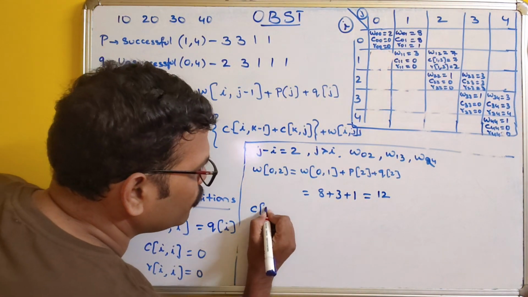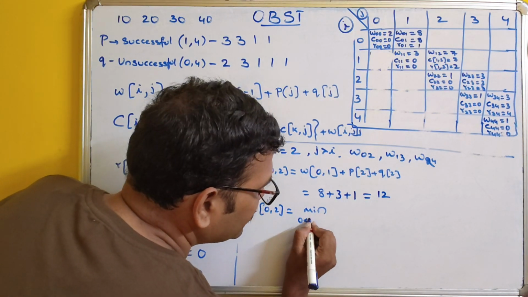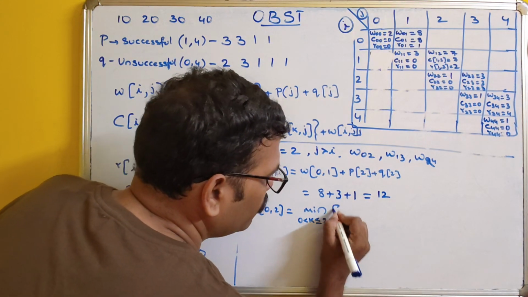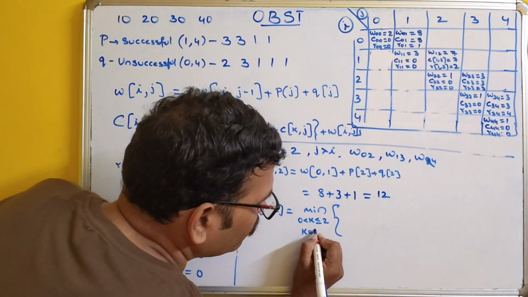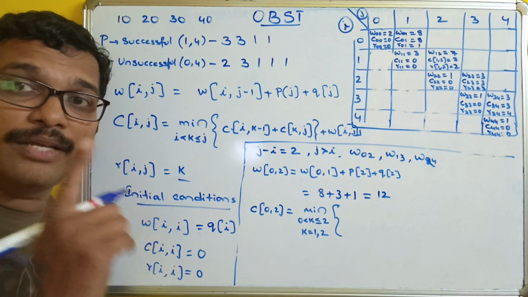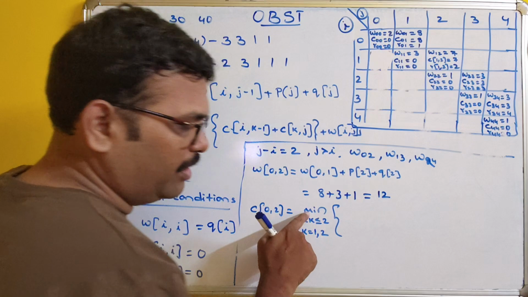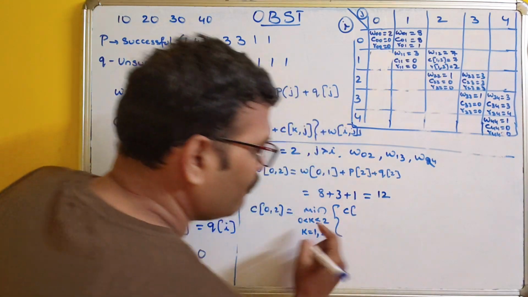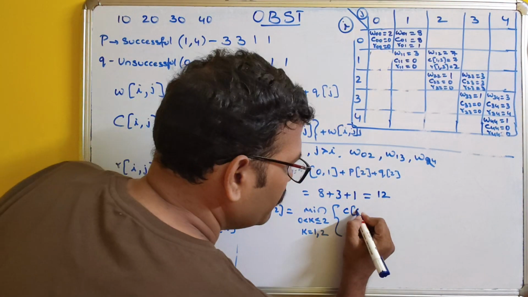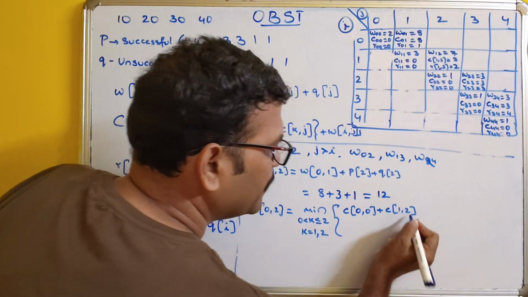And the cost of 0, 2 will be the minimum over k where 0 is less than k less than or equal to 2. So here we get k values 1 and 2. Two values, so we consider only the one with the lowest value. When k is equal to 1, it is C of 0, 0 plus C of 1, 2.